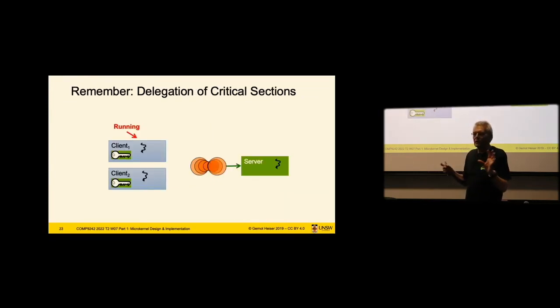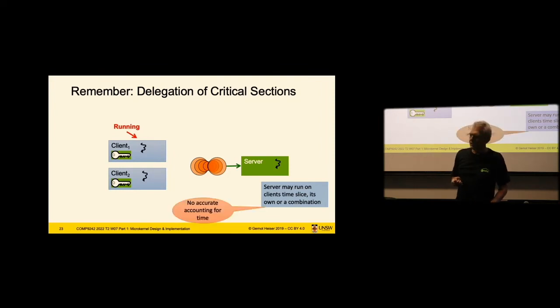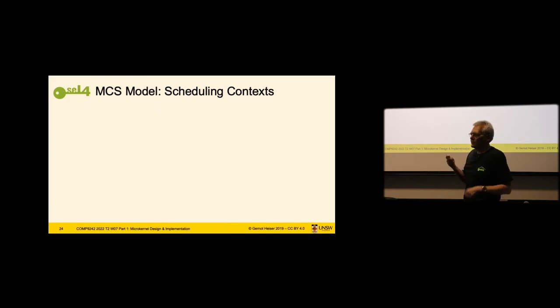So remember, in real-time systems I talked about delegation, where you share state between real-time tasks by encapsulating critical sections into a server that basically operates the critical section. And so your client invokes the server, and then the server may or may not run out of time and then get its own time slice or not, so you have this totally inaccurate accounting. And in MCS, we do this properly by having proper accounting, basically introducing capabilities for time.